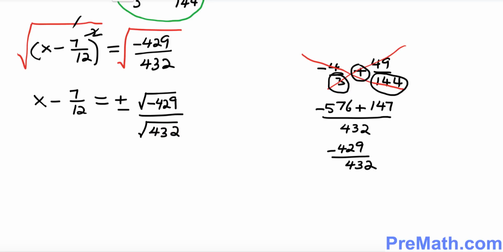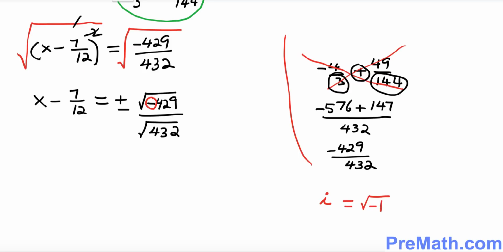Keep in mind one more thing: we have a negative sign inside this square root. Whenever you have a negative sign, we always convert it into an imaginary number. So i is an imaginary number that is equivalent to the square root of negative 1.